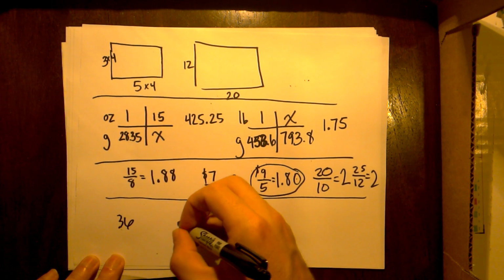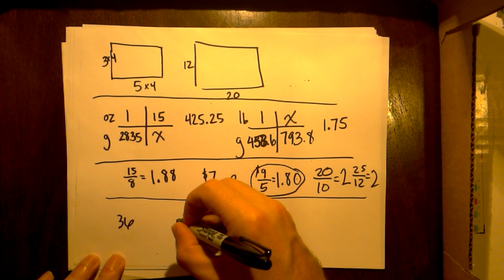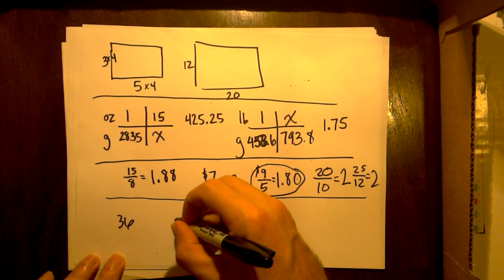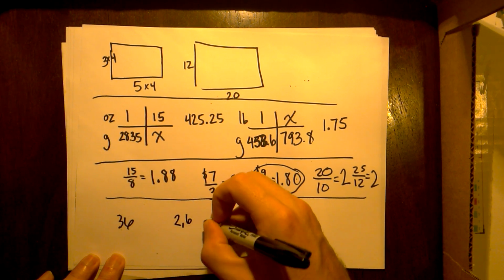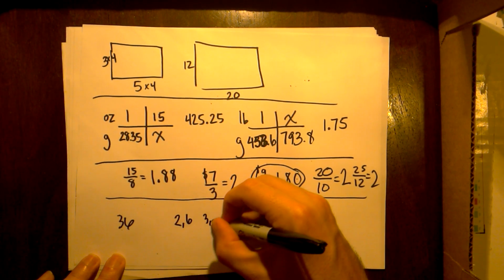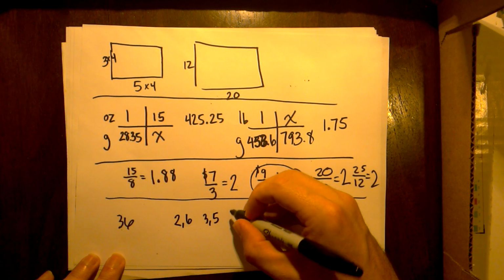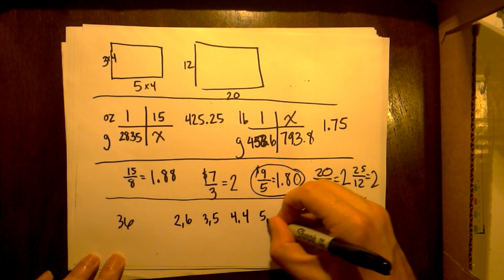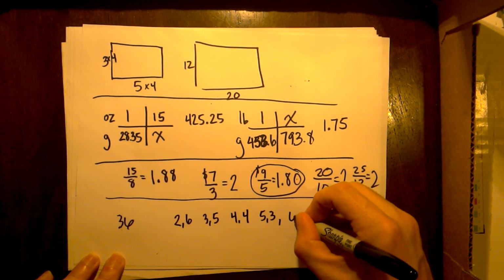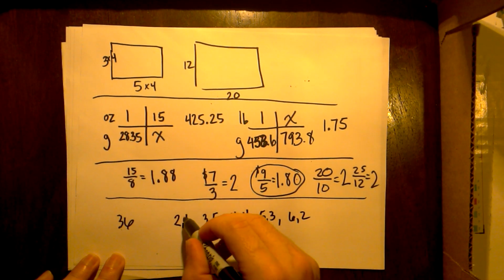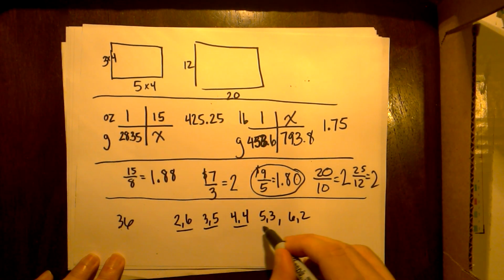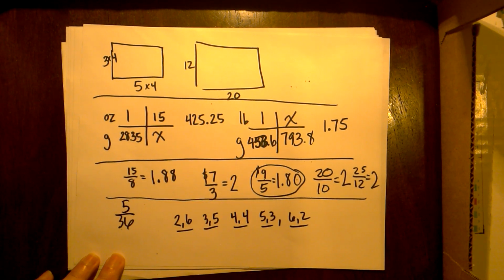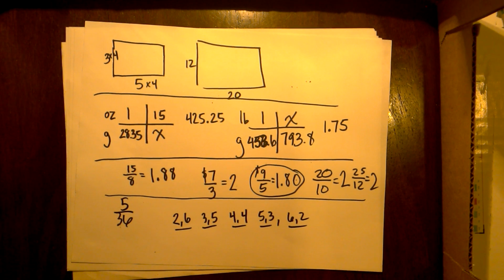So we have to think, how do I add up to 8 with those number cubes? 1 plus 7 equals 8, but we don't have a 7. So I have to do 2 and a 6, a 3 and a 5, a 4 and a 4, a 5 and a 3, and a 6 and a 2. I got 1, 2, 3, 4, 5 different ways. So my answer is 5 out of 36, and no, I cannot reduce that.